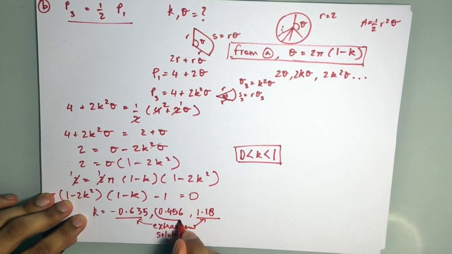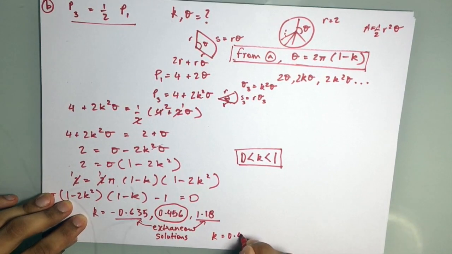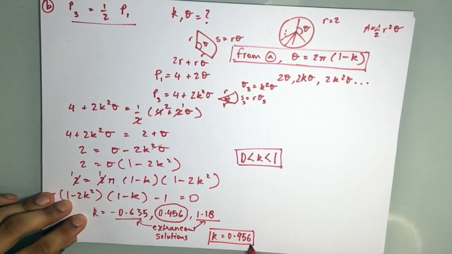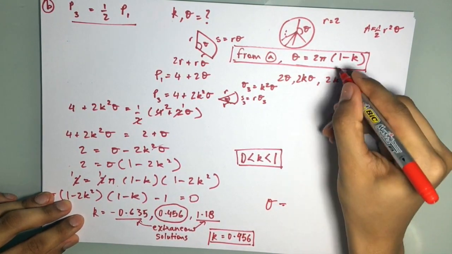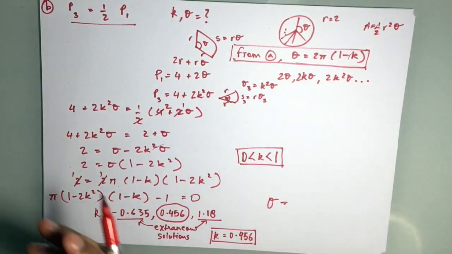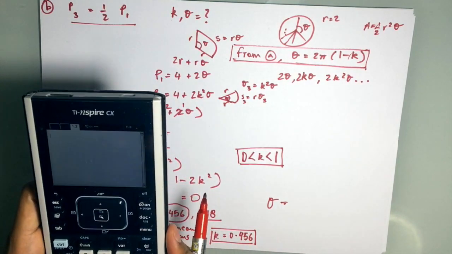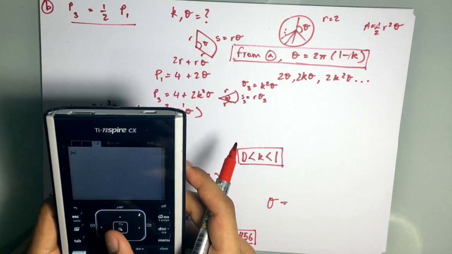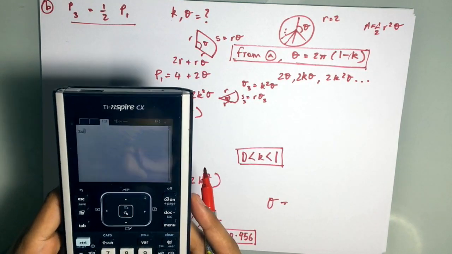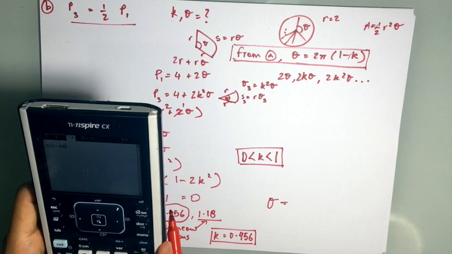So the only valid solution is this one. So we write down k equals 0.456. So that is our answer for k, and we also need to find theta. So theta I can just find by substituting in k here, based on this from part A, using my calculator. 2 pi over 1 minus k, k is 0.456.